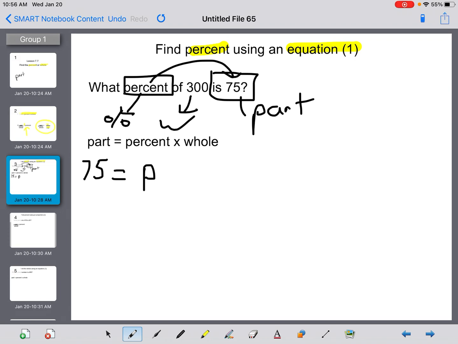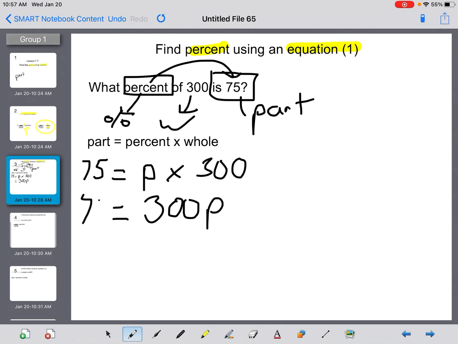I'm just going to put in the letter P. And then we know the whole number, which is 300. Now, think back to November, December when we were in person. Remember that I said there's different ways to write multiplication. So right now we have the letter P times 300. Another way I can write that is 300P. And then I'm going to keep my 75 the same.